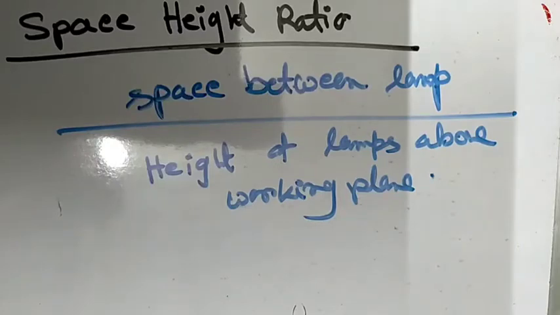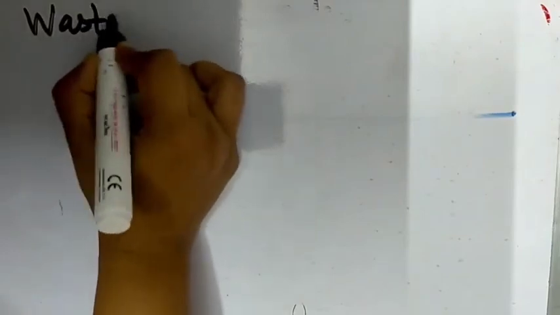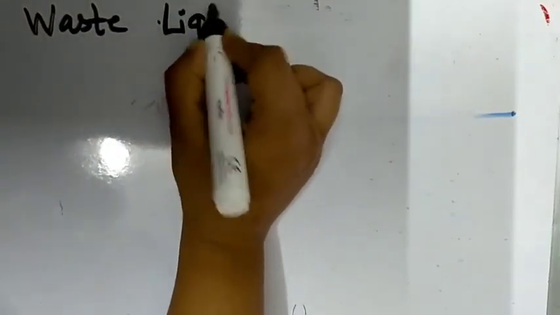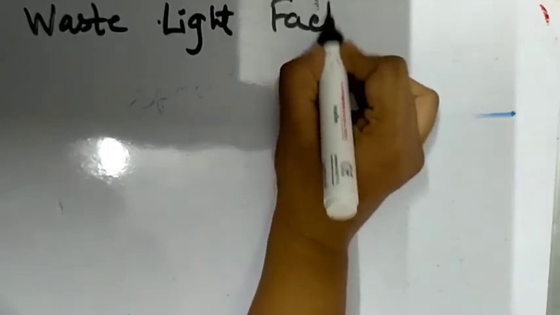Next is the waste light factor. Now, in flood lighting scheme, a number of projector lamps are employed so that light of each projector not only overlaps that of its adjacent projector, but at the edge of the area some light falls outside.